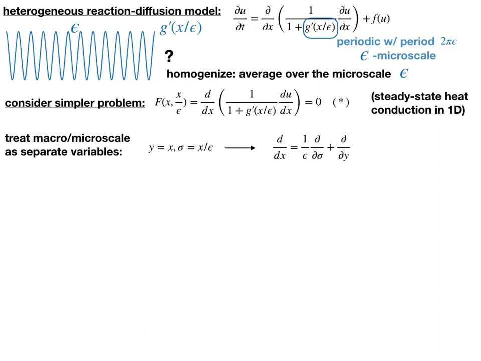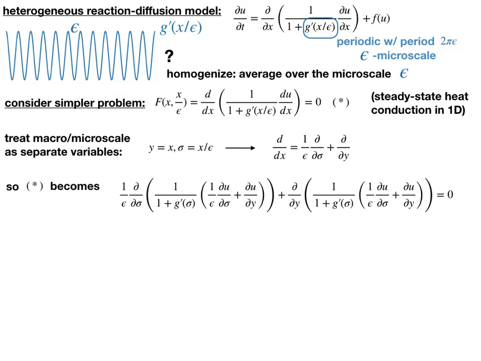So in this case, if you take the total derivative now of x, it involves both 1 over epsilon times the partial with respect to sigma plus the partial with respect to y.